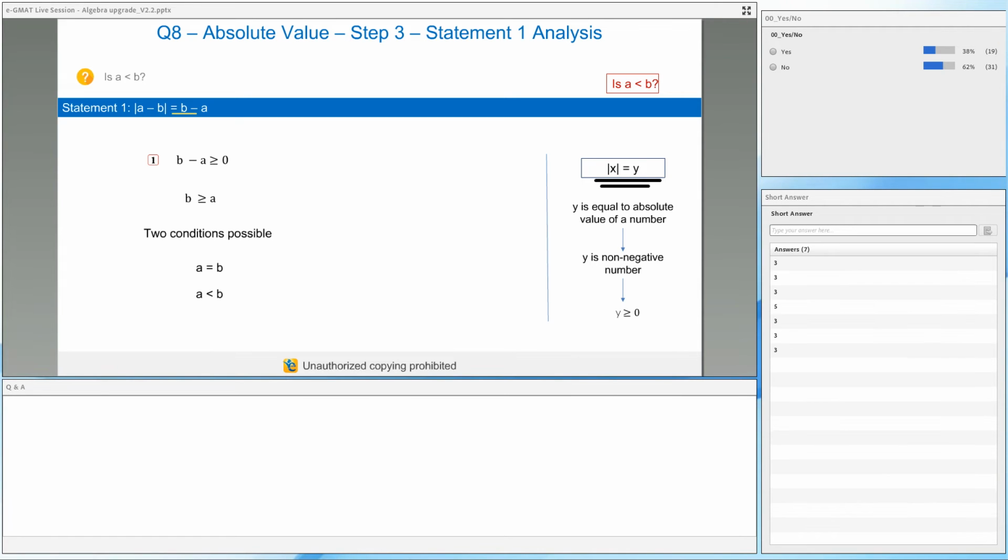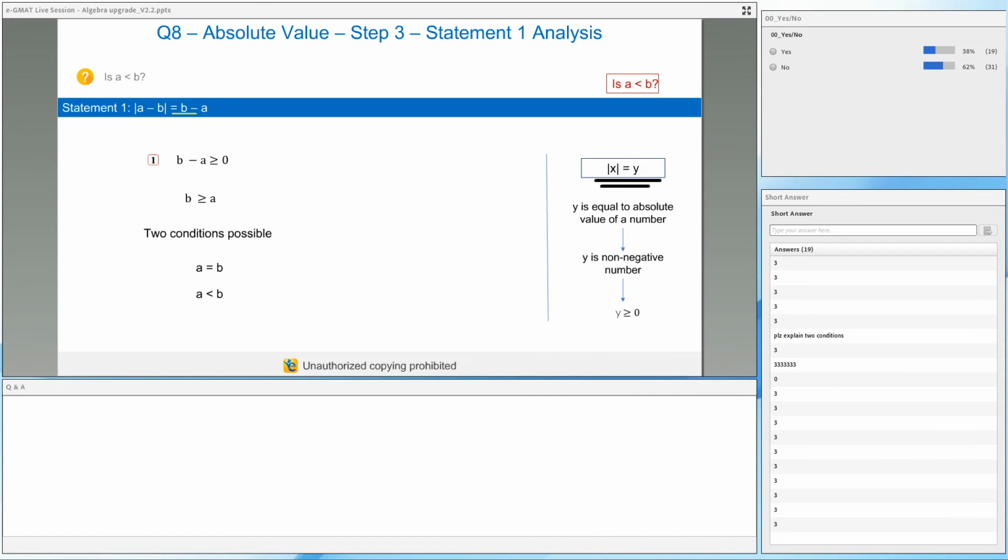It will be 3, right? When x is 3, what is the value of y? It will again be 3. So understand this, that the value of y can be positive, it will never be negative. That's for sure. But there is a possibility that x can be 0 also. When x is 0, y will be 0.